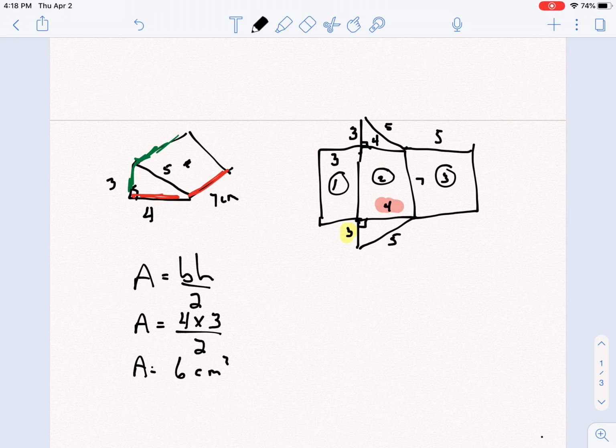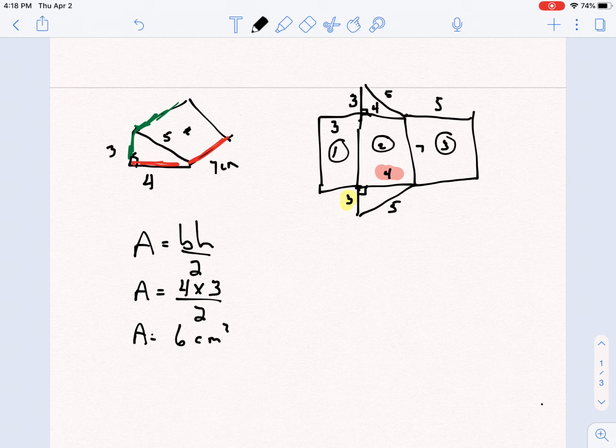That's one triangle. You can see that I have 2 shapes, right? We called them 4 and 5 in the other question. So now I have 6, plus I have another 6 because I have 2. So in total, my triangles, I have 12 centimeters squared worth of area. Now I have to do each rectangle separately.